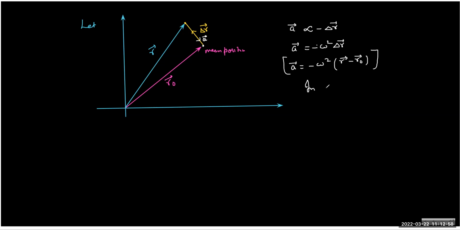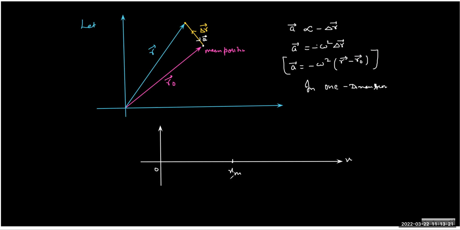So when you solve a problem in one dimension, in which we have motion along one particular axis, let's say the x-axis, let's say this is the mean position. So xm is the coordinate of the mean position with respect to the origin. This is the extreme position, the coordinate.